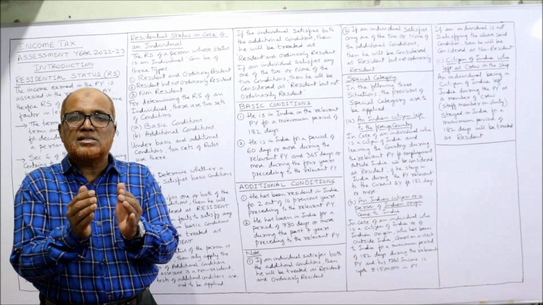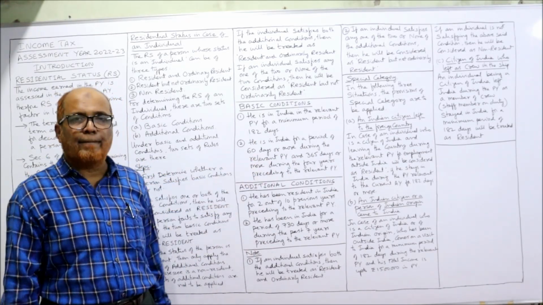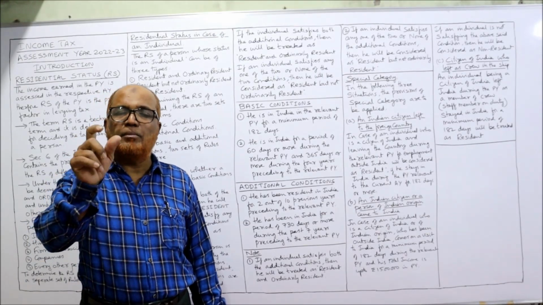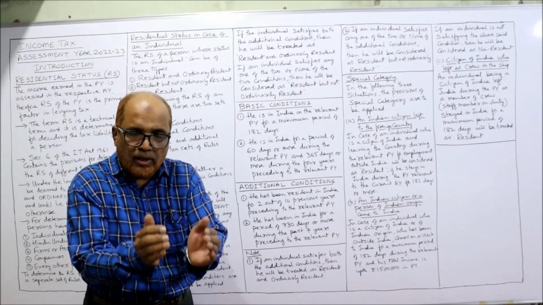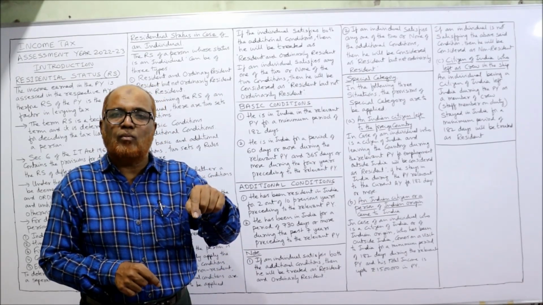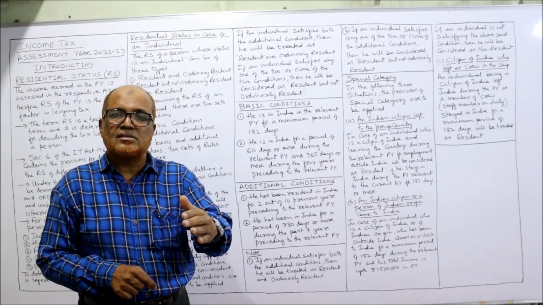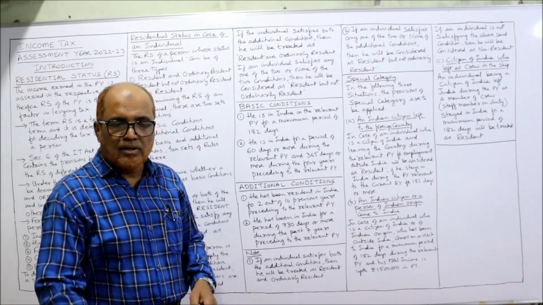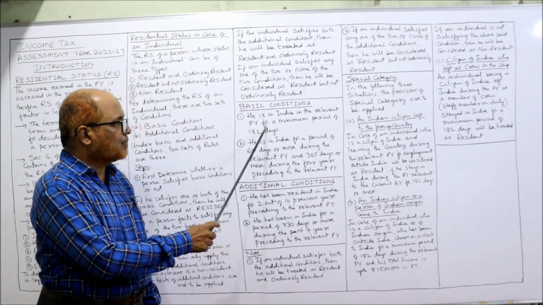So two conditions are attached in this second one. The first says he must stay in India for a minimum period of 60 days during the current previous year and 365 days or more during 4 years preceding the current previous year. Right? So these two are the basic conditions.